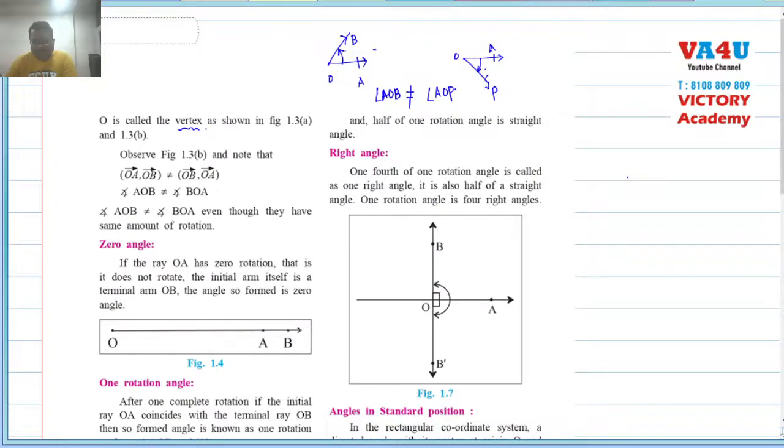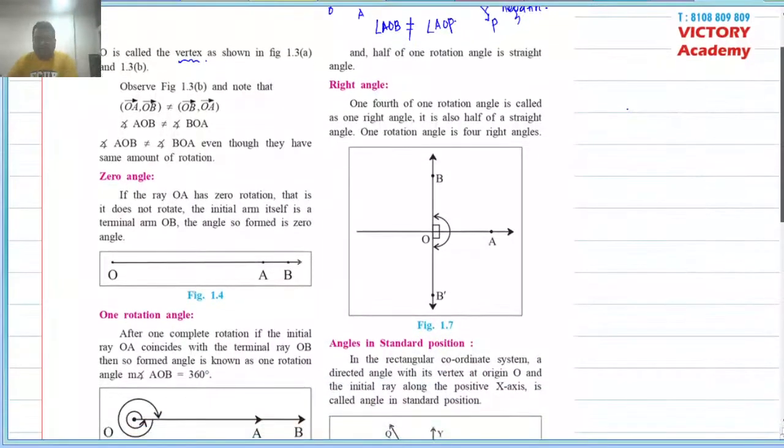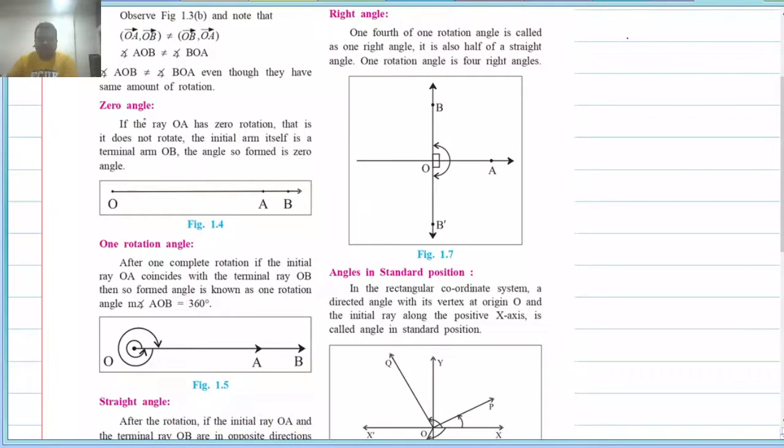Why? Because this is a positive angle and this is a negative angle. Okay, even though rotation is same, that is angle is same, the angle is not equal because one is positive, second is negative.